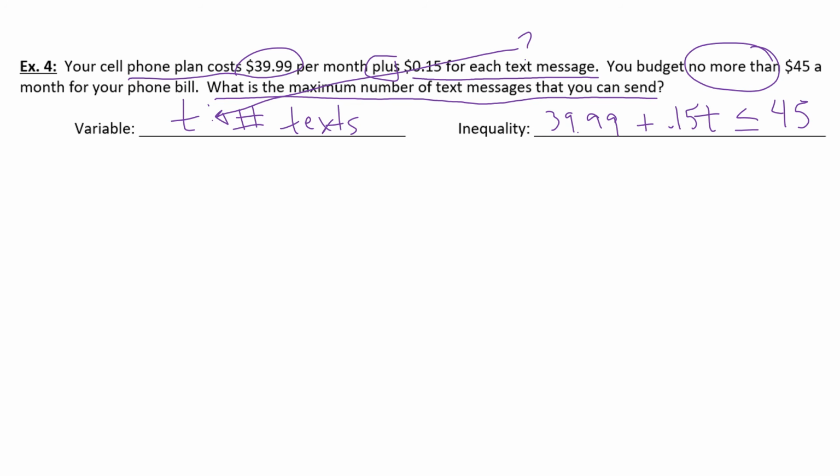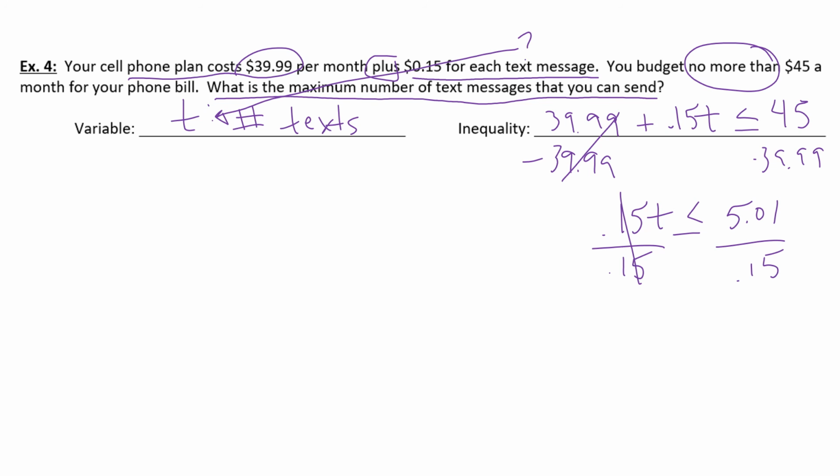Okay, and now I'm going to solve this. So I'm going to subtract $39.99 from both sides. I get 0.15T is less than or equal to $5.01. Divide by the 15 cents, and you get T is less than or equal to 33.4.